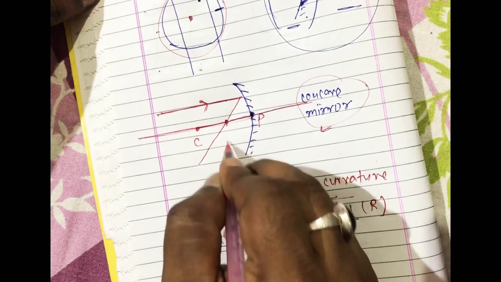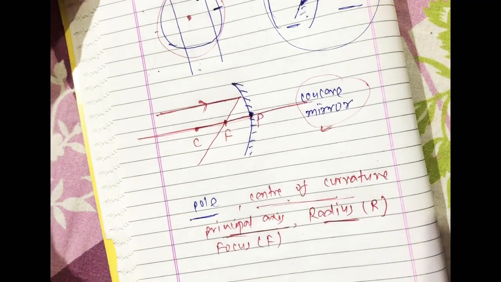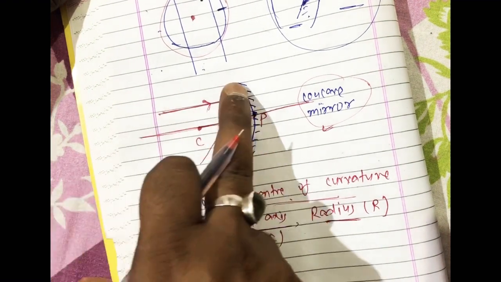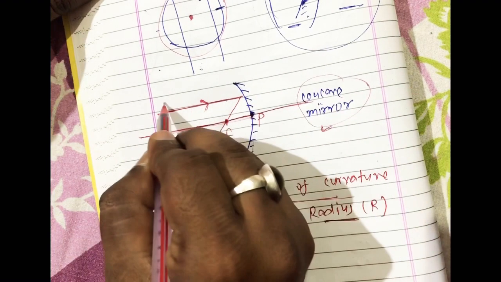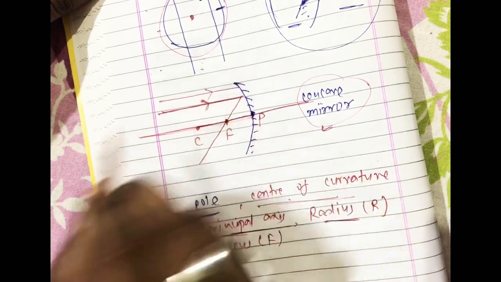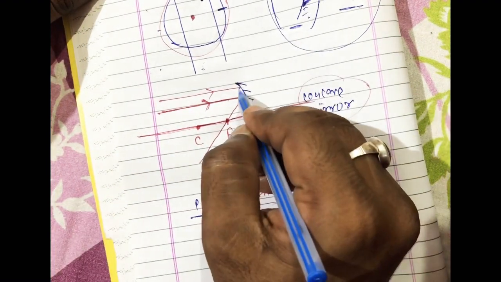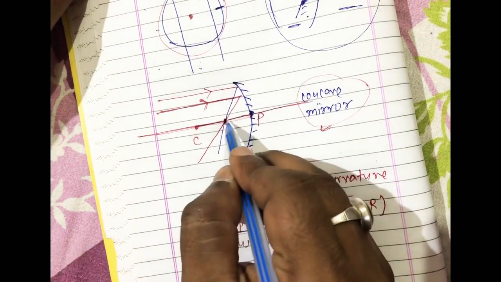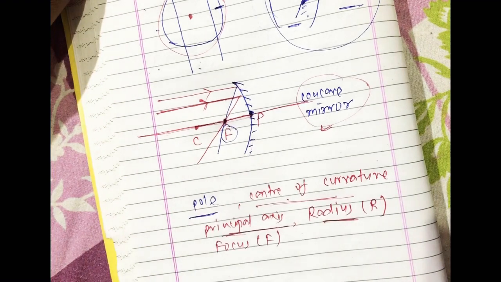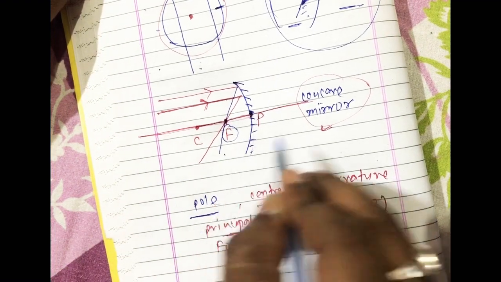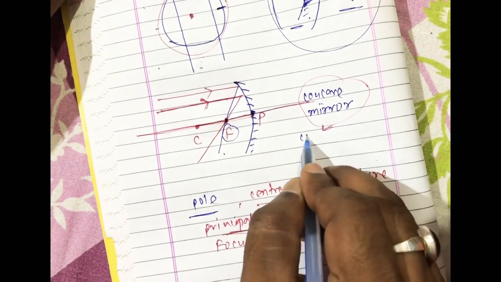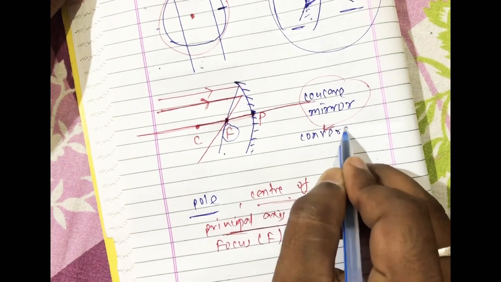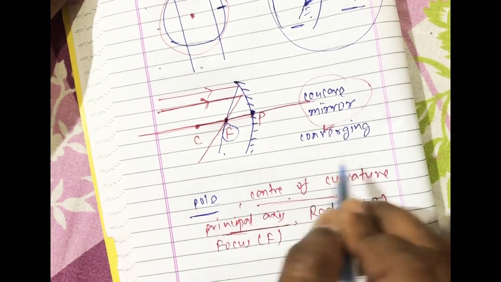This point is called the focus. All the light rays parallel to the principal axis, after reflection, will pass through a single point of the principal axis. That point is called the focus, and that is why a concave mirror is also called a converging mirror.